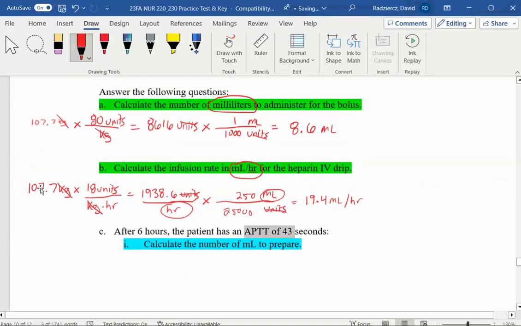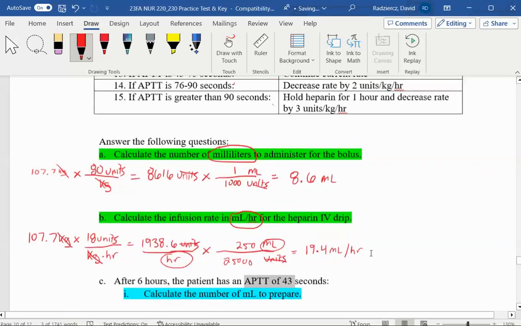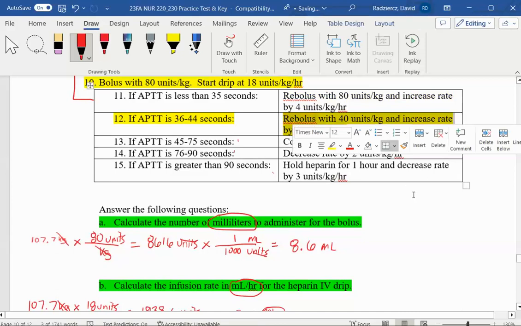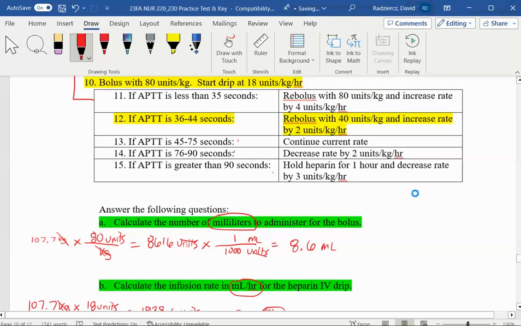The patient's weight is 107.7 kilograms. And then this is the information to use based off of the protocol. Rebolus with 40 units, and then increase the rate by 2. So go ahead and take a few minutes. And when you have an answer, just go ahead and type both answers into the chat. So I'm going to give you some time to work on that.